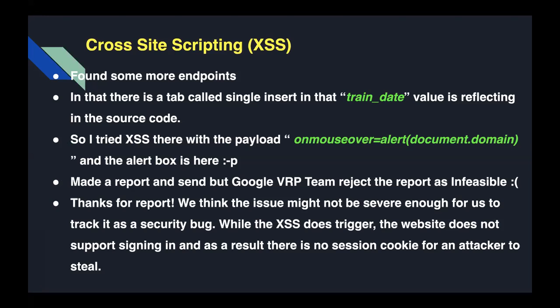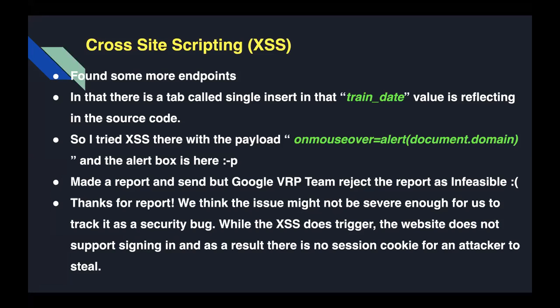So I tried XSS, and this is my payload: onmouseover alert document.domain, and I got the alert pop-up. So I made a report and sent it to the Google VRP team, and they rejected the report as infeasible.